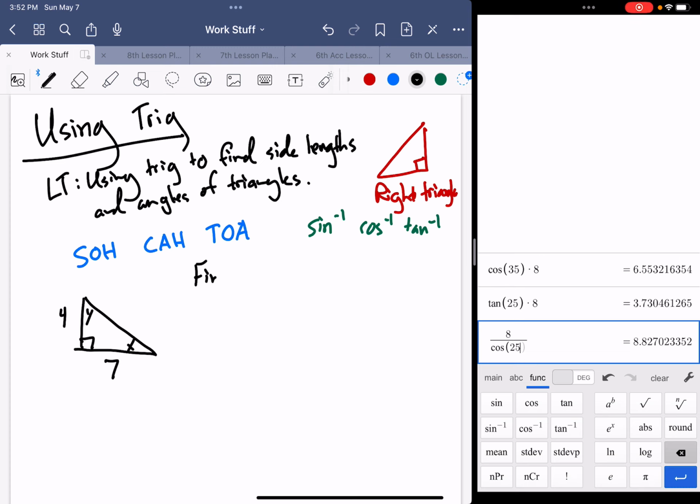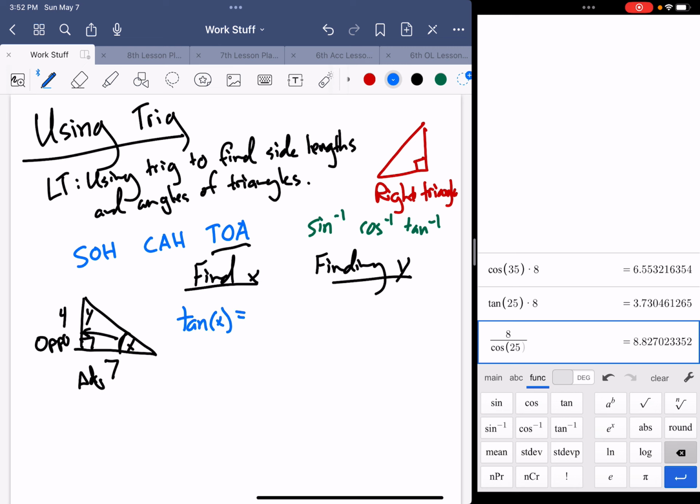Now, finding x: if I look at x, I have the opposite and I have the adjacent. Opposite and adjacent, that's leaning me towards tangent. And so what I want to do is set it up. Tangent of x is going to equal 4 over 7.